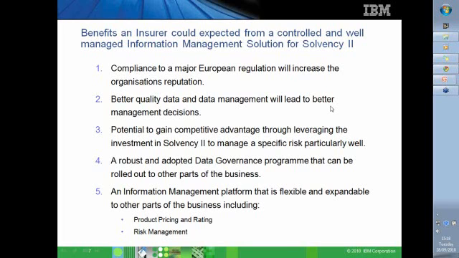Of course, there is the risk that if an insurer isn't compliant, a big fine will come out of it. But the broader business case, which could include usages of that solution architecture and that data in other parts of the business, such as product pricing and rating, will be received better by the business.